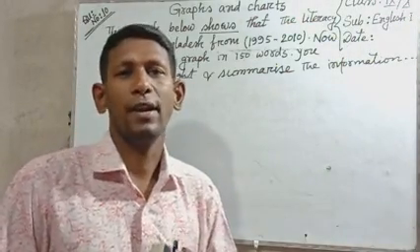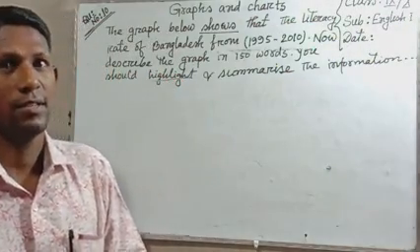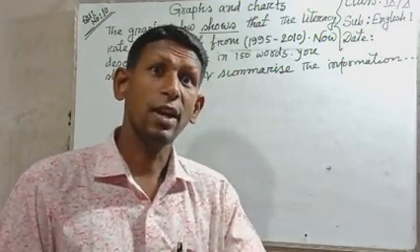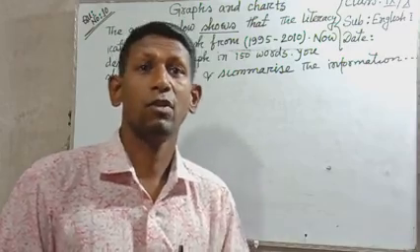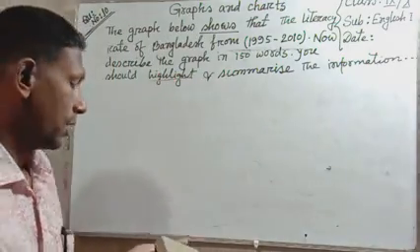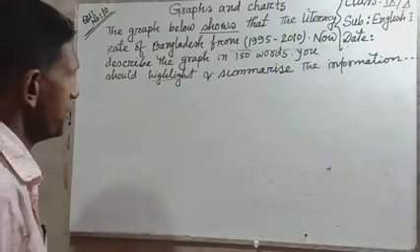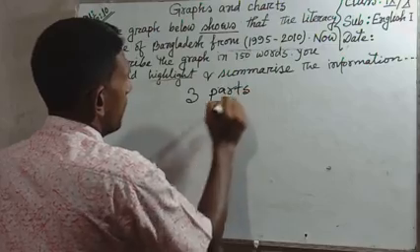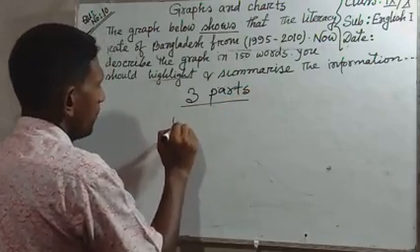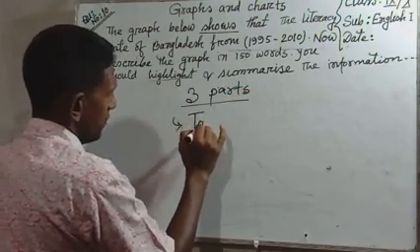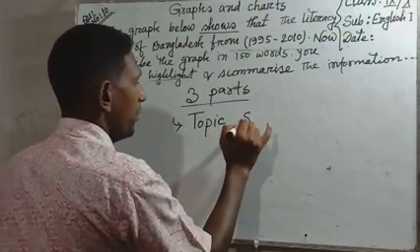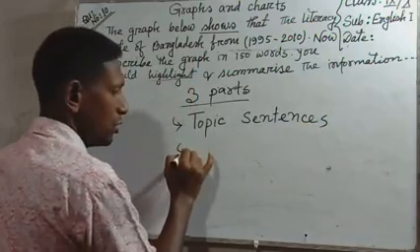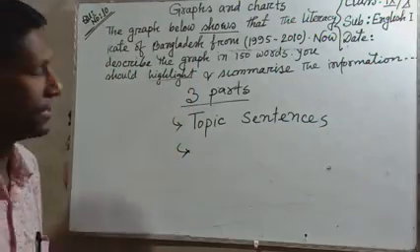When you write about graphs and charts, you should first think about how you can write easily or comfortably. So we can get three parts. Number one, topic sentences. Number two, supporting sentences.